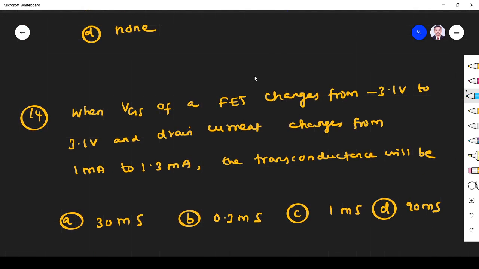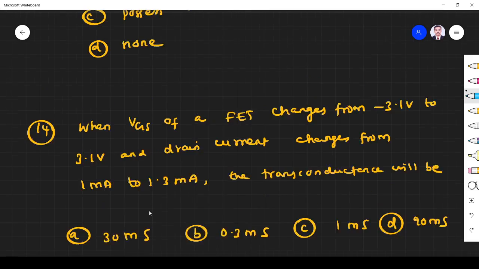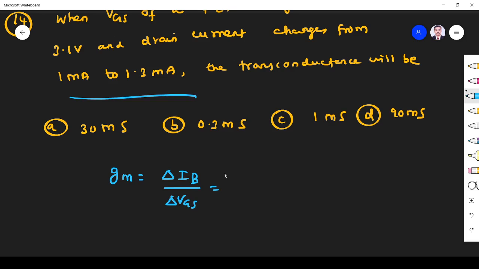Next, when VGS of a FET changes from minus 3.1 volt to plus 3.1 volt and drain current changes from 1 milliampere to 1.3 milliampere, what will the transconductance be? We know GM is equal to del ID divided by del VGS. So ID changes from 1 to 1.3, so the difference is 1.3 minus 1.